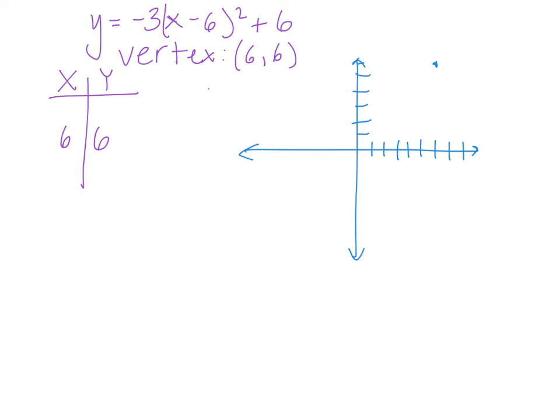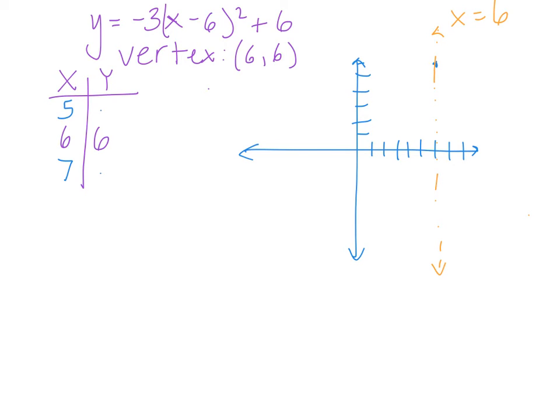And again, thinking about that line of symmetry, that x equals 6 line, everything's going to be symmetric around it. So that means if we pick a point lower than 6, 5, and a point higher than 6, 7, they should give us the same values.